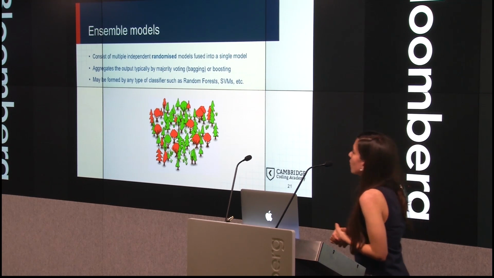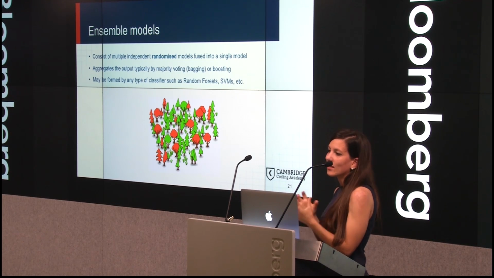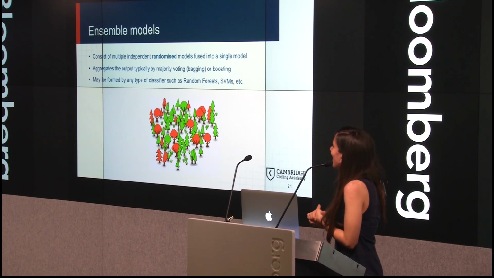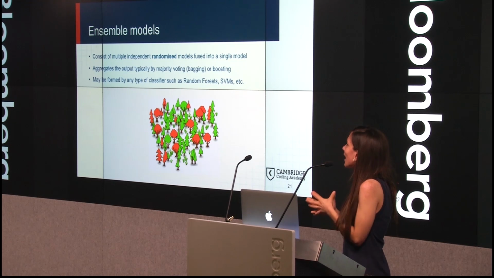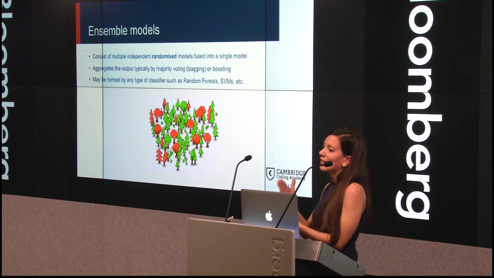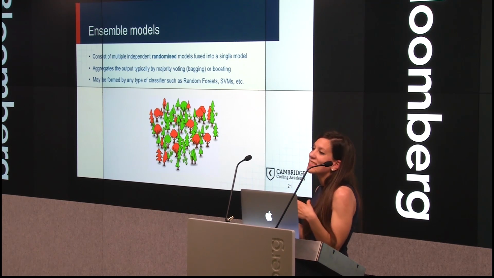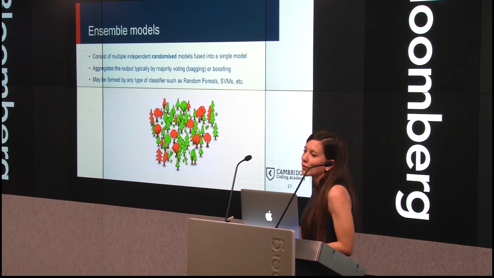Finally, a last type of model, which again is highly connected to the validation techniques we covered, is the ensemble models. This contains multiple independently trained pseudo-models, which are fused into a single model. If you like, a supermodel.